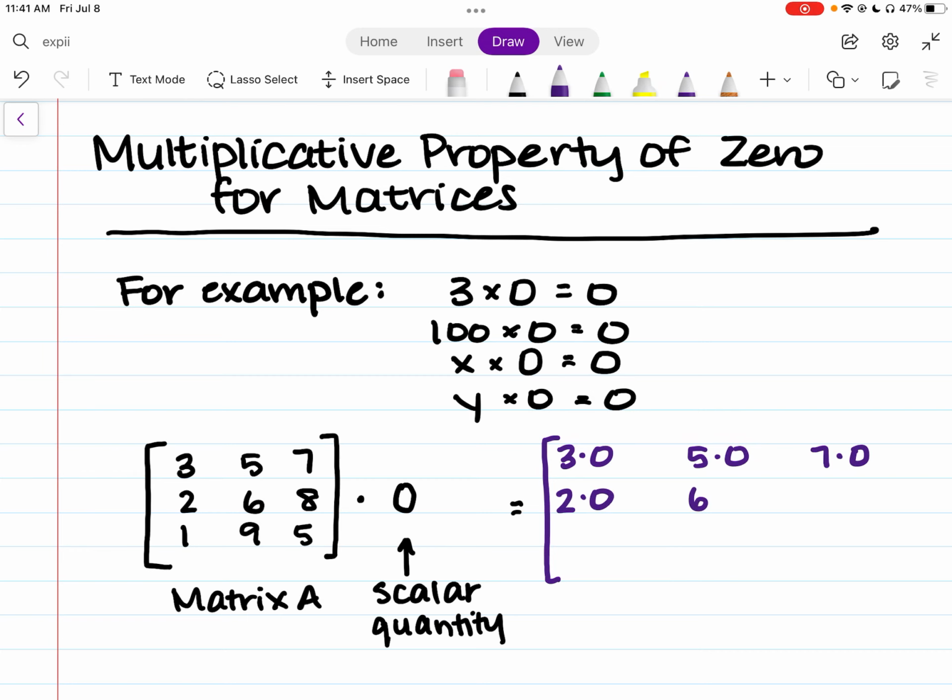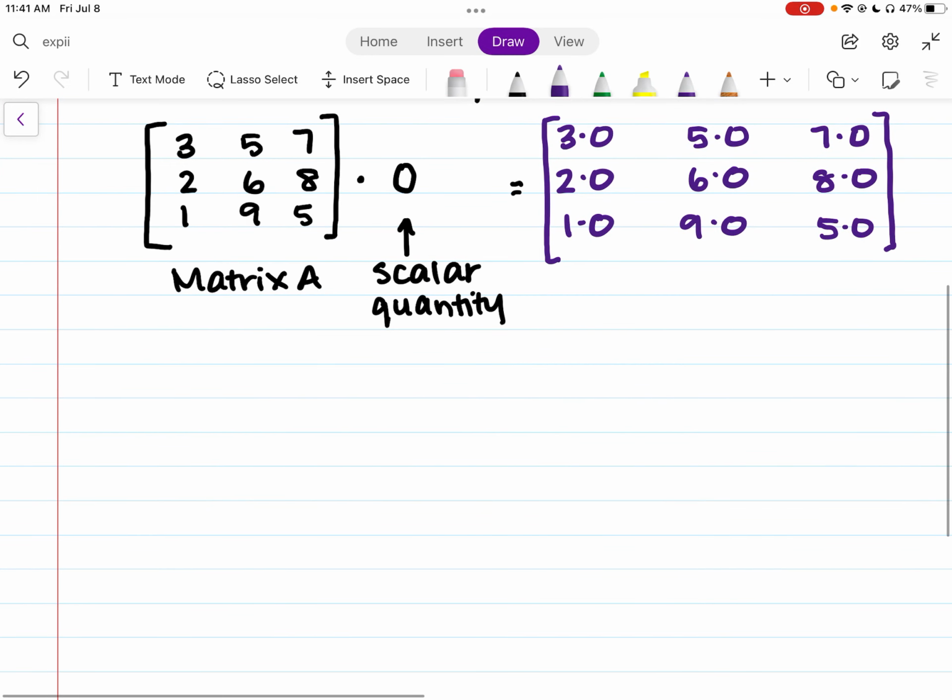So as you can see, each entry within matrix A got multiplied by the scalar quantity of 0, which we know from scalar multiplication of matrices. And so if we were to simplify this into a new matrix, we know 3 times 0 equals 0, 5 times 0 equals 0, 7 times 0 equals 0, 2 times 0 equals 0.